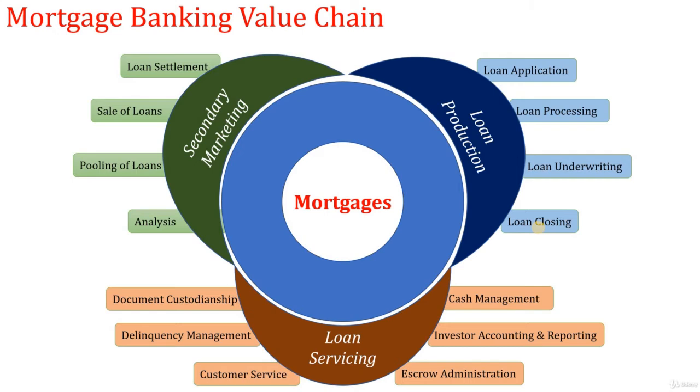So it includes activities such as periodic payments management, accounting, investor reporting, customer servicing, and records management, etc. So loan servicing consists of the following major activities. There are several other activities, but the following are the major activities which happen in loan servicing.